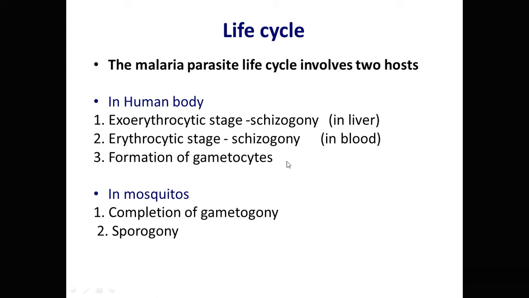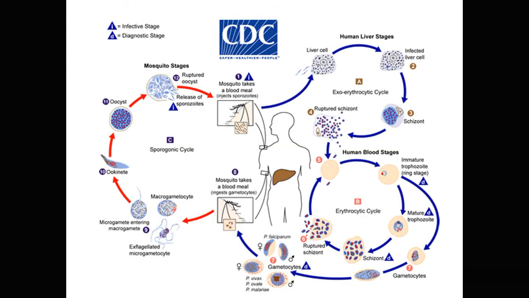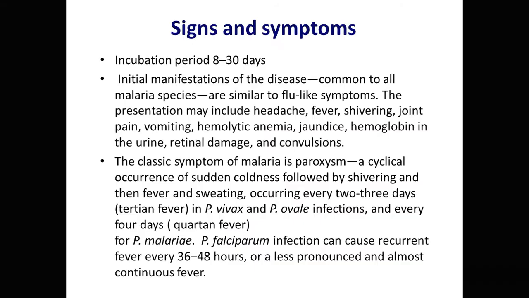They propagate, growing in the red blood cells. In the human body, they form gametocytes that are taken up by mosquitoes, and there is a completion of gametogony, so two gametocytes fuse, and then we have the sporogony stage as well. This is also a type of sexual reproduction. You don't need to know these details, so let's skip this slide and move to signs and symptoms.